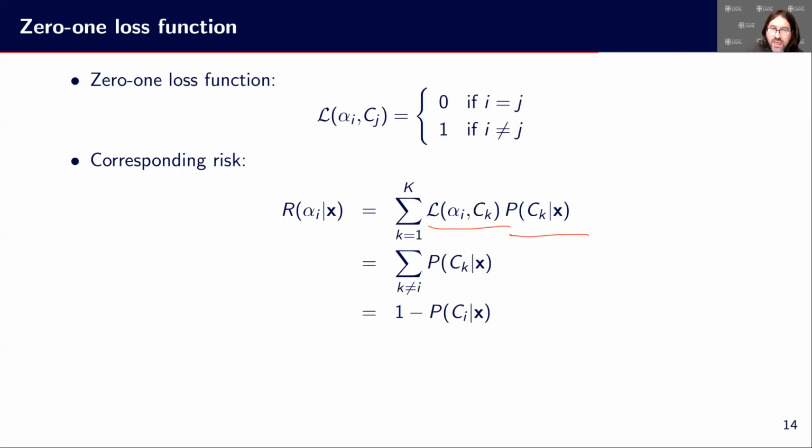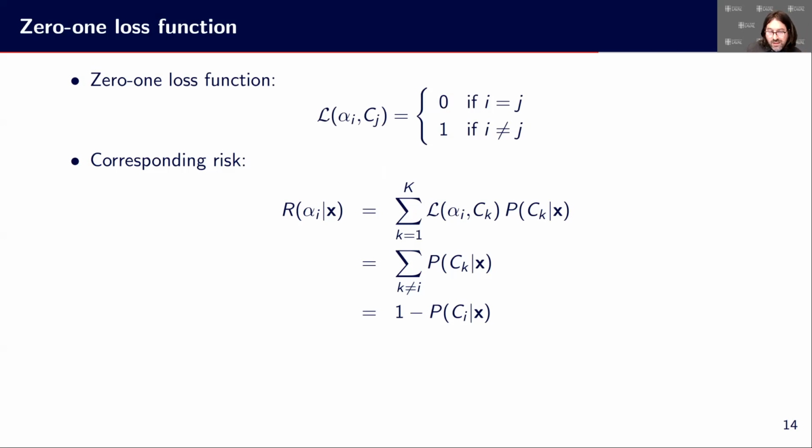Given that we have all ones except for the case when i is equal to k, we are summing all the posterior probabilities where this loss is equal to 1. When k is equal to i, we are in the case of 0 loss, so we are not counting it, we are counting everything else. So we are summing the posterior probability for all classes except the right class for that data x.